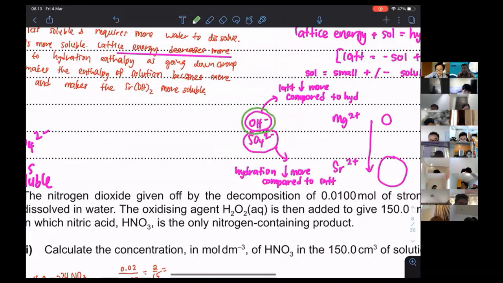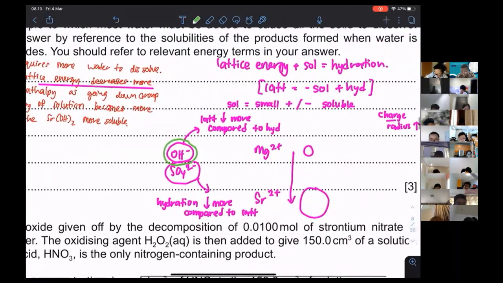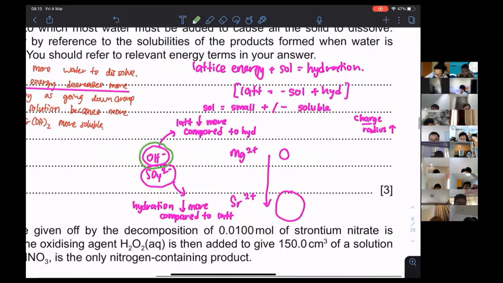So what happens over here, since we are talking about hydroxide, we will focus on the hydroxide. We will base our answer on this. Lattice energy decreases more. When you use the formula, the solution is going to be hydration minus lattice energy.